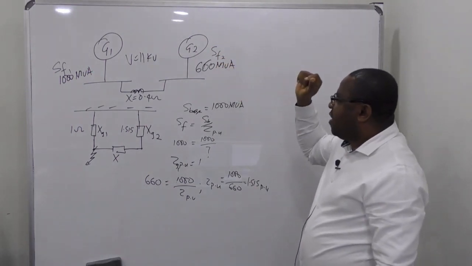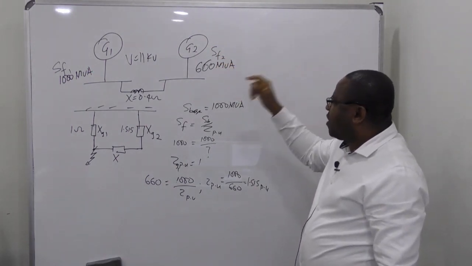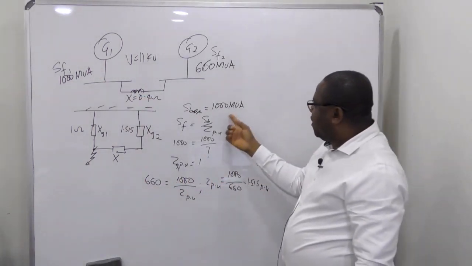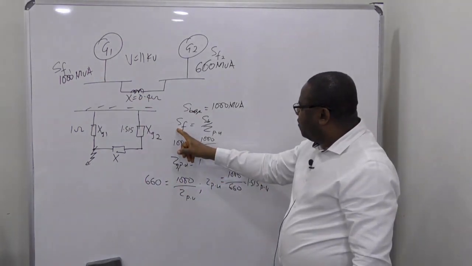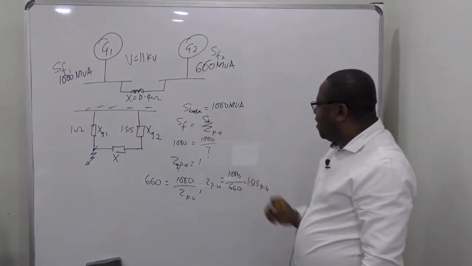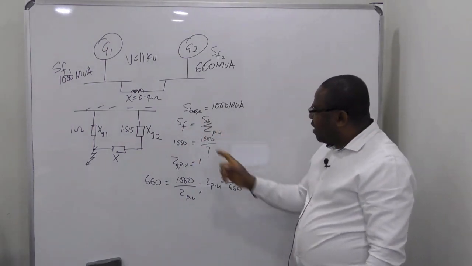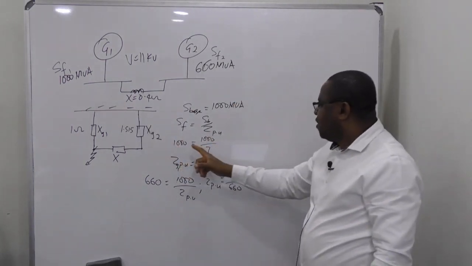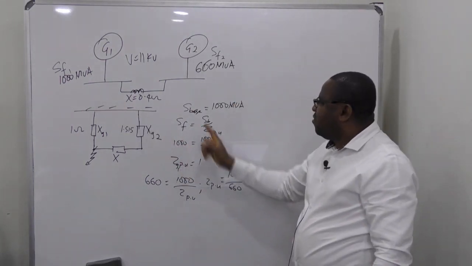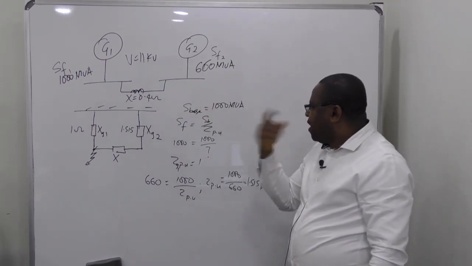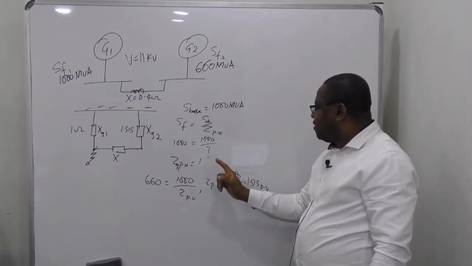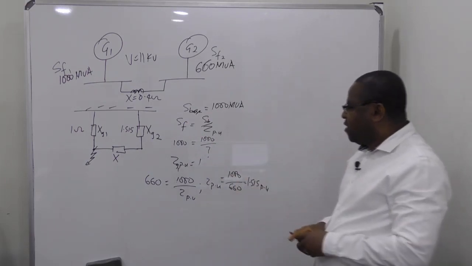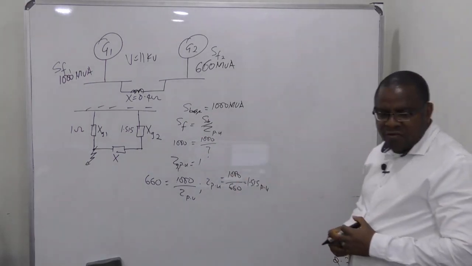If I want to calculate their respective impedances, remember that S fault is S base over Z in per unit. So for the fault level of 1000, it will be 1000 equals the base, and the base there is 1000, over that. So this must be 1. So Z per unit for generator 1 is 1.